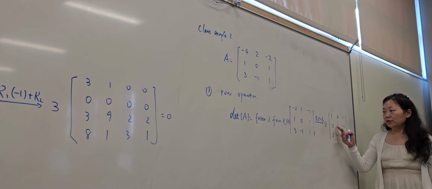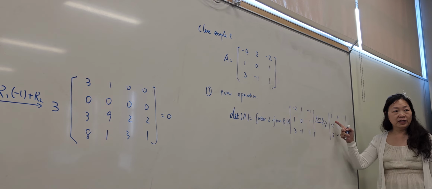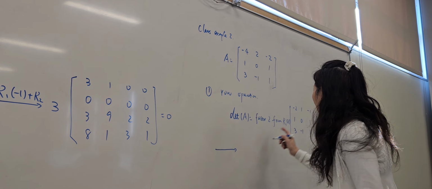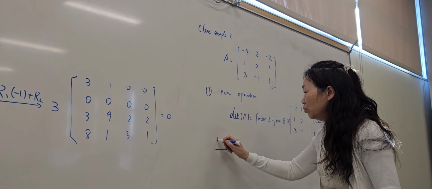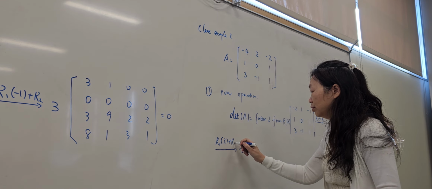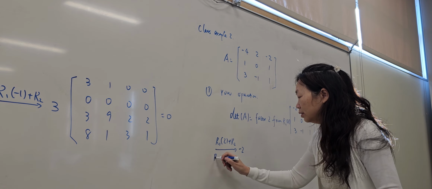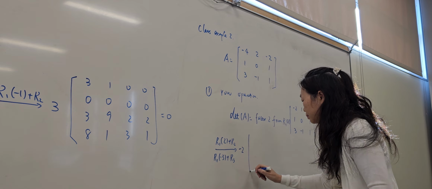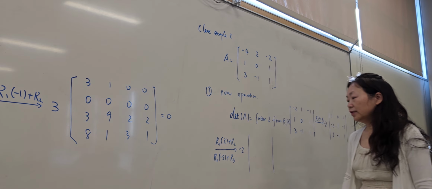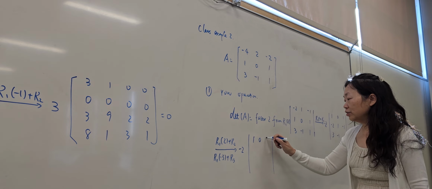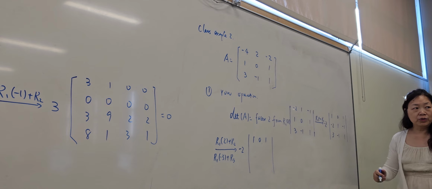Then I'm going to make it 2 to be 0, okay? Now you use the same pivot to do that, then you can do it in the same step. I have a -2 here, so I go row 1, times by 2, plus row 2, and then row 1 times by -3 plus row 3. So your row 1 is not changing, so that's the one you use as your operation row, okay?